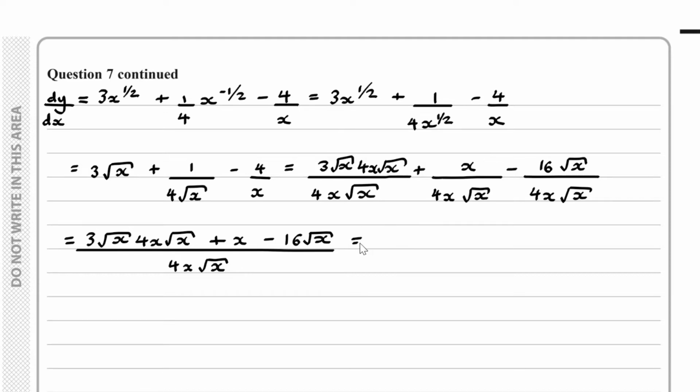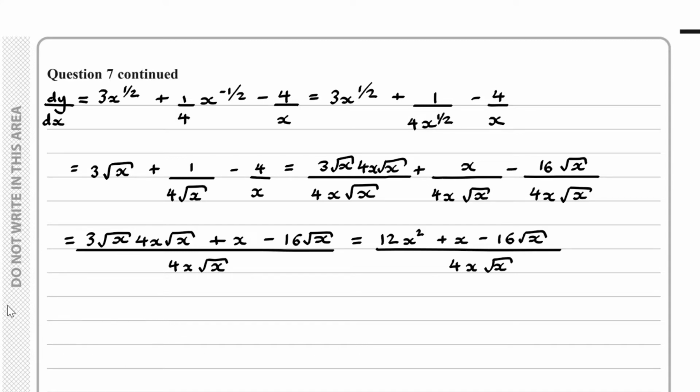And therefore, if we tidy all of this up, on the top, well, we have 3 times by 4, that's 12. And then we have the x over here. Now, root x times by root x, that's just x. So we have x times by x, which is x squared. And then we have plus x minus 16 root x. On the bottom, we have the 4x times by the square root of x, and this is what we wanted to show.